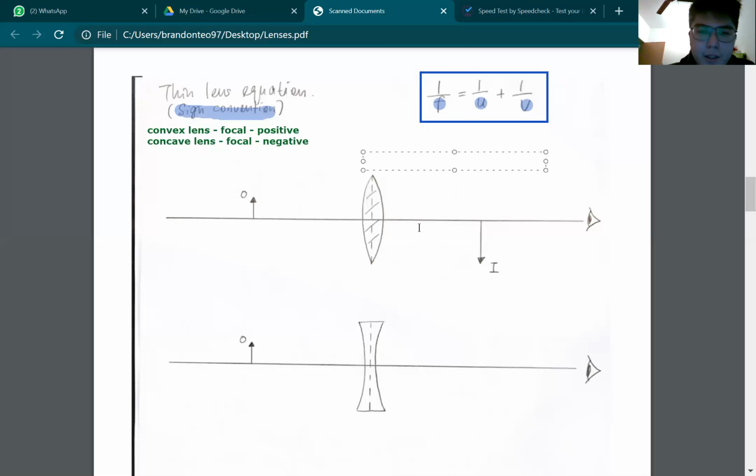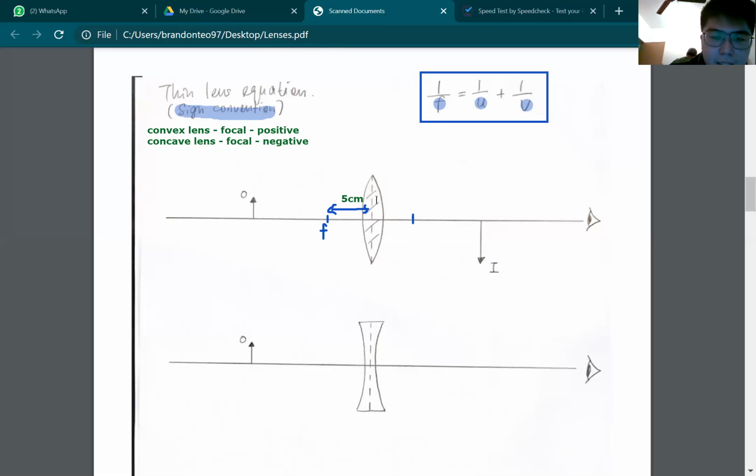So this one, 如果我 label 它的 focal point, 它有两个 focal point 嘛，对不对？它有一个在左边这边，然后一个在右边这一边。所以 let's say 这个 focal point 呢 and the distance over here is let's say 5 cm. Okay, so you are going to take positive 5 cm.